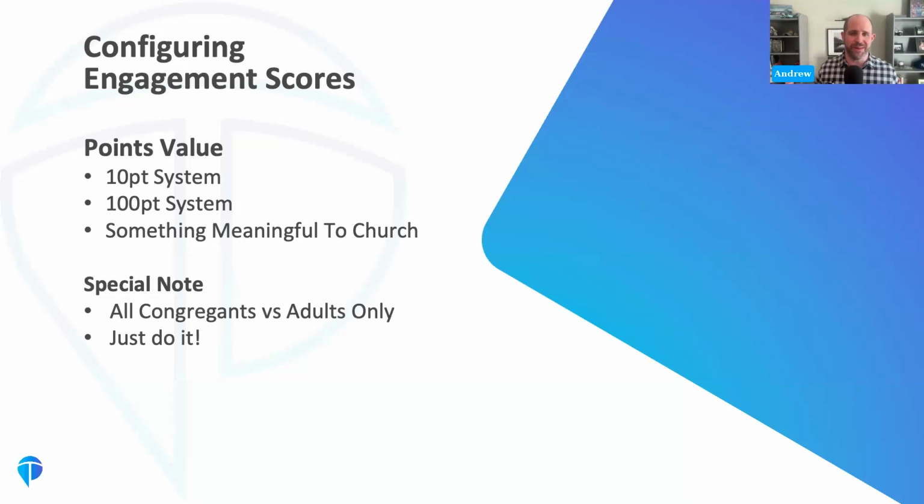So what a lot of churches will do is use some kind of 10-point system, kind of a factor of 10 or 5, to say if you're a member, you get 5 points. And if you are an active attender, you get 10 points. You're an active giver, you get 10 points, and so on and so forth. And you can kind of weight those accordingly so that we have an accurate view of engagement.